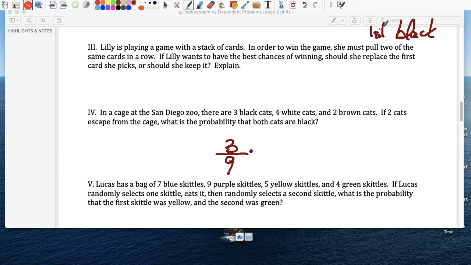The first cat escaped. And then what's the probability that the second cat that escaped is also black? Well, one of the black cats is already gone. So there's not 3 black cats anymore, there's only 2. So there's 2 black cats, and what's the total now? 8. So that's 1/3 times 1/4 equals 1/12.